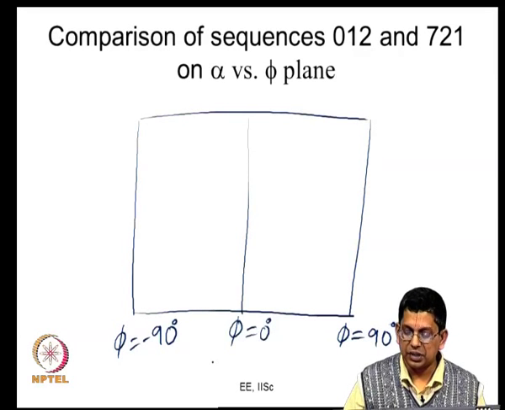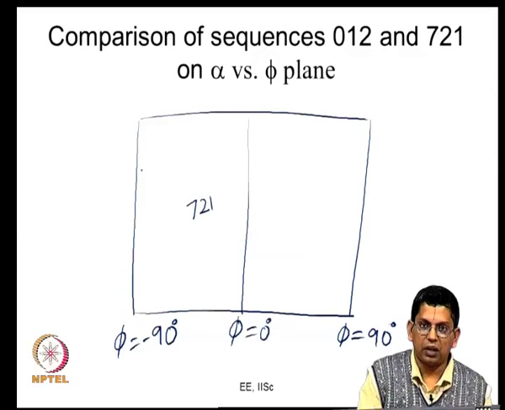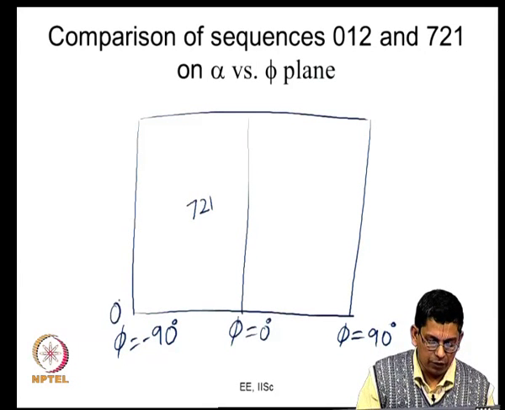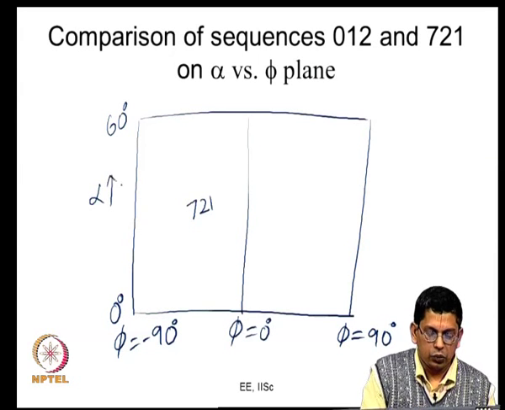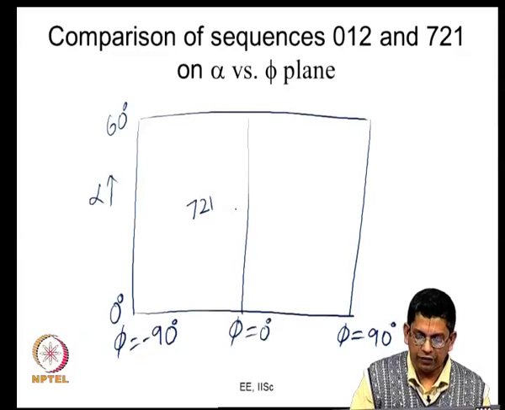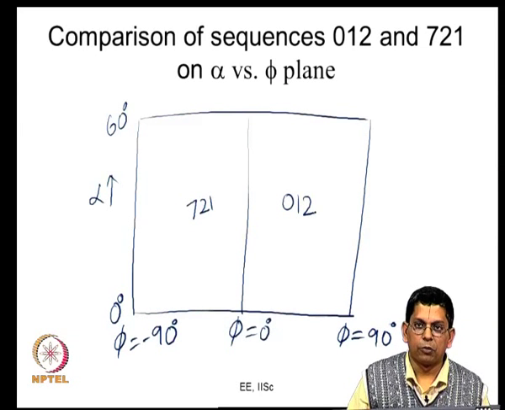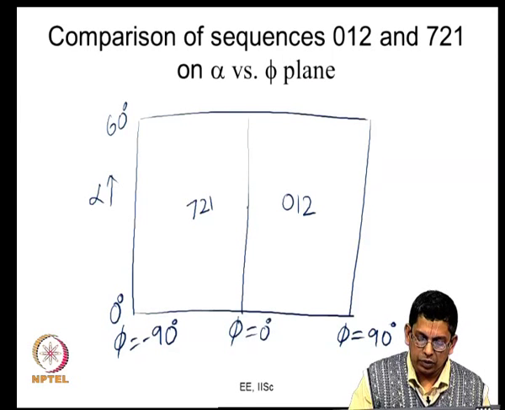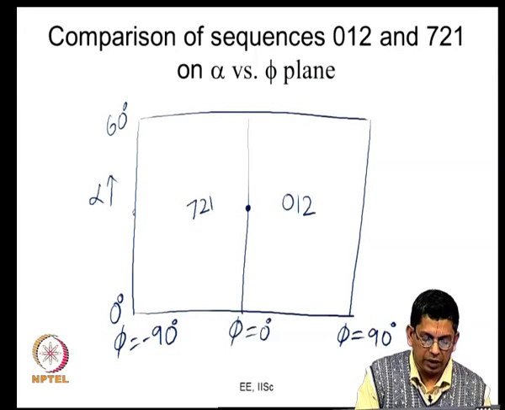And this is for alpha; you can start from alpha is 0 to alpha is 60 degree. You can plot on this plane. For lagging power factor, you will generally find that 7 to 1 is better, and 0 1 2 is better on the leading power factor side. And actually for phi is equal to 0 and alpha is equal to 30, both are equal.